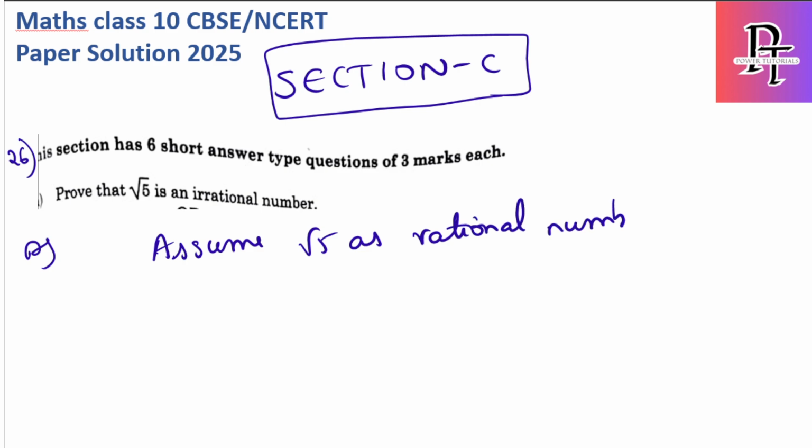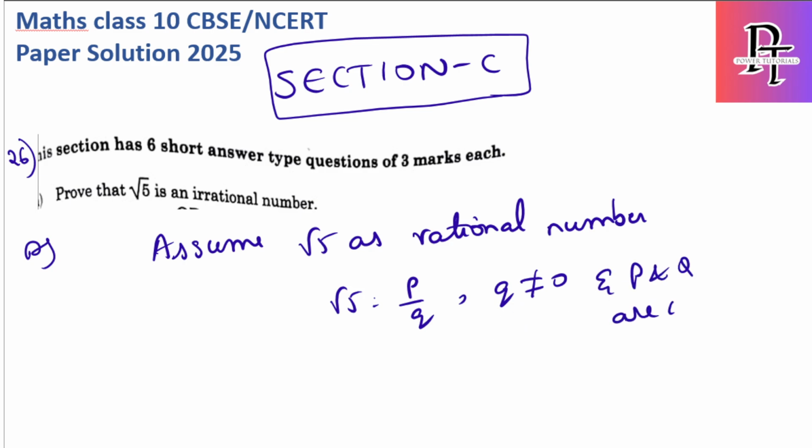So if it is rational, we can express it in terms of p by q. So root 5 is equal to p by q, where q is not equal to 0 and p and q are co-primes. Co-prime in the sense they are not having any common factor. So I can say p is equal to q into root 5.